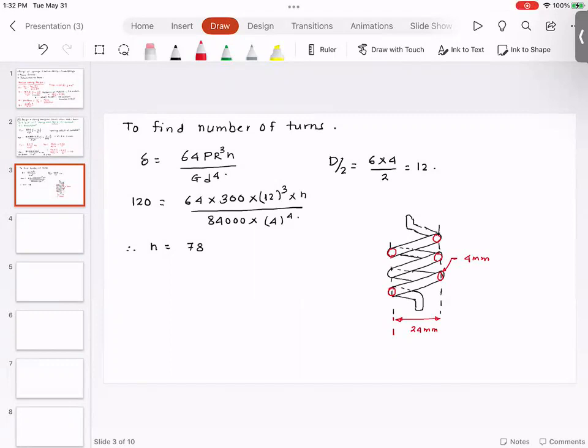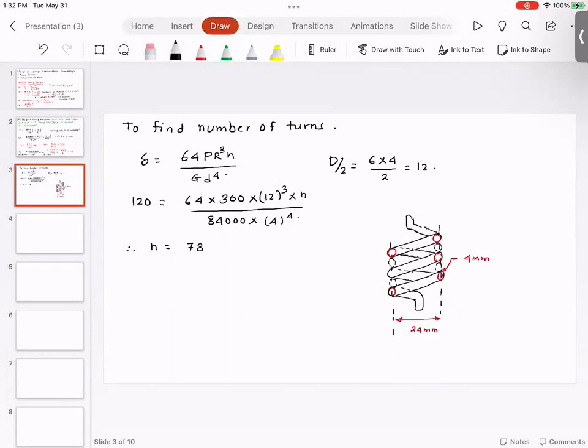What we need to do is find the length of the spring. If you think about it, there is this imaginary wire, imaginary wire, imaginary wire, and that is because it is turning in a circular shape around the z-axis.